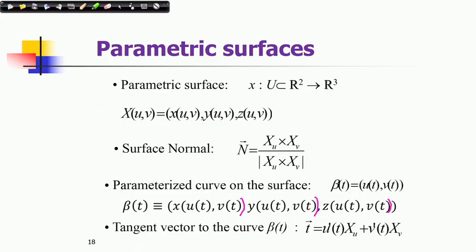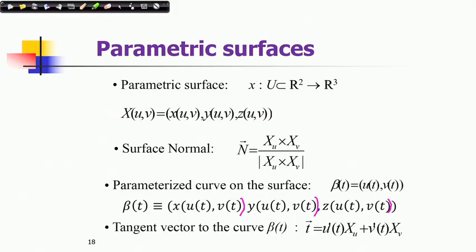These are familiar differential operations. You first get the partial derivative of the function x with respect to u, and then you get the derivative of u with respect to t. Similarly, you get the derivative of x with respect to v, and then again the derivative of v with respect to t.